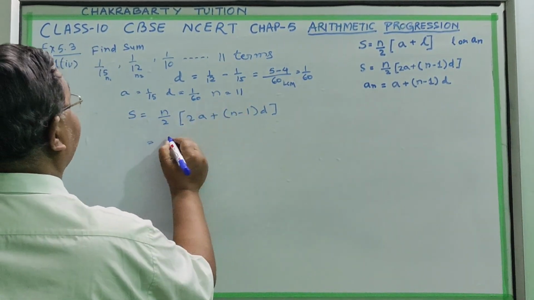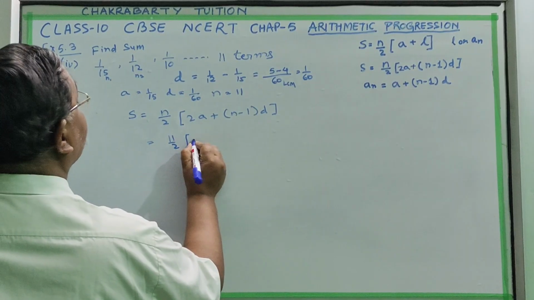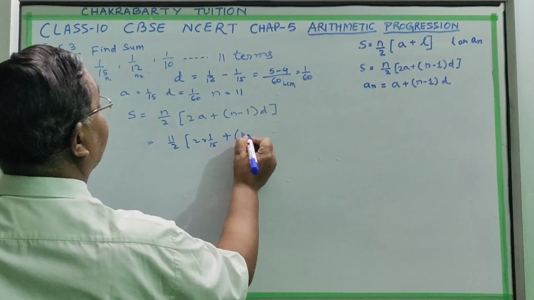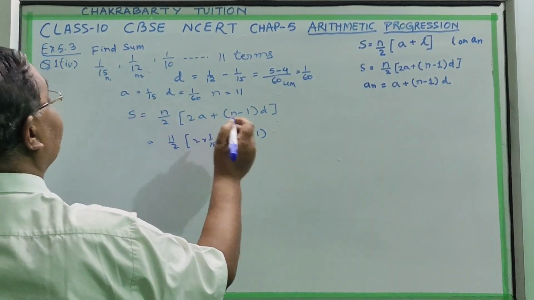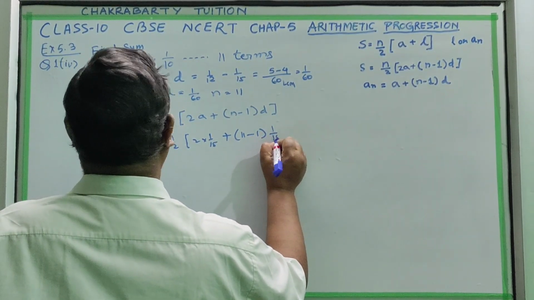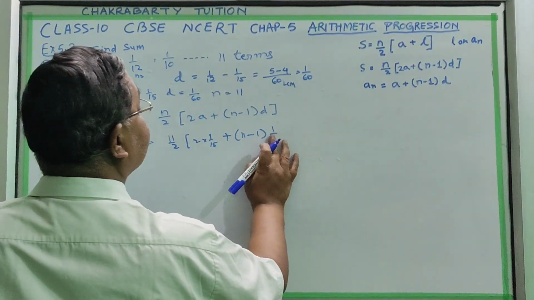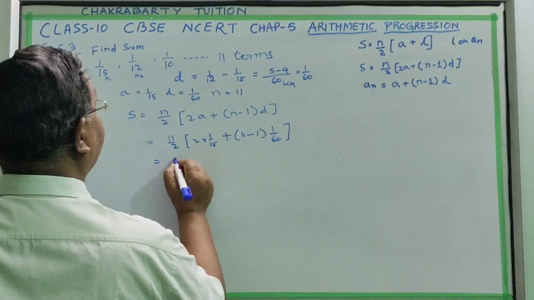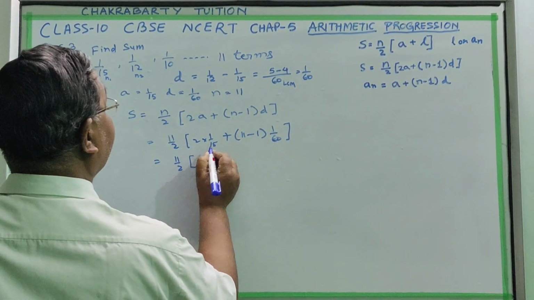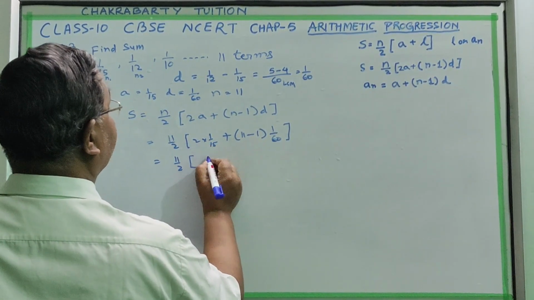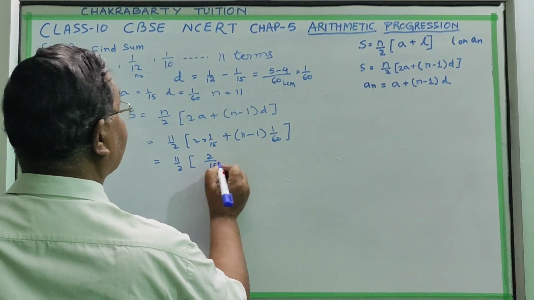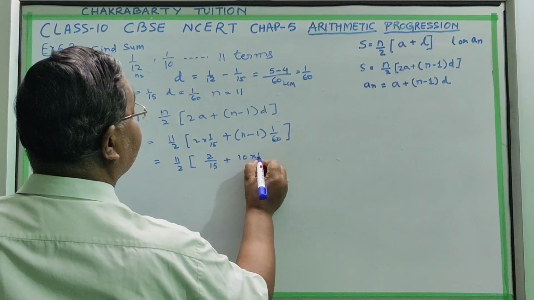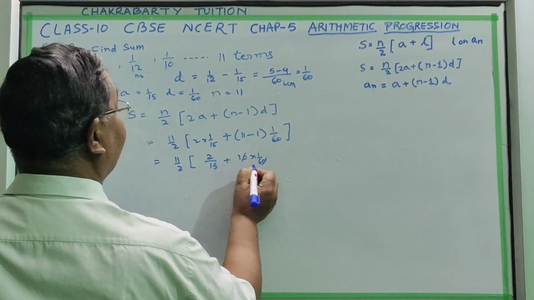So n is 11, so S equals 11 by 2 times (2 into 1 by 15 plus (11 minus 1) into d, which is 1 upon 60). So 11 by 2 times (2 by 15 plus 10 into 1 by 60, which is 1 by 6).